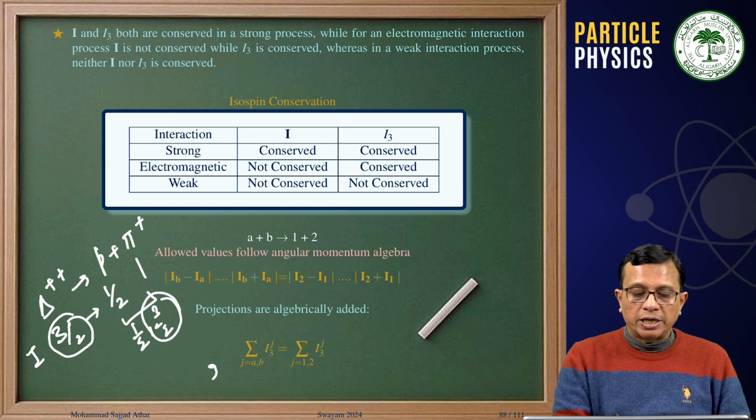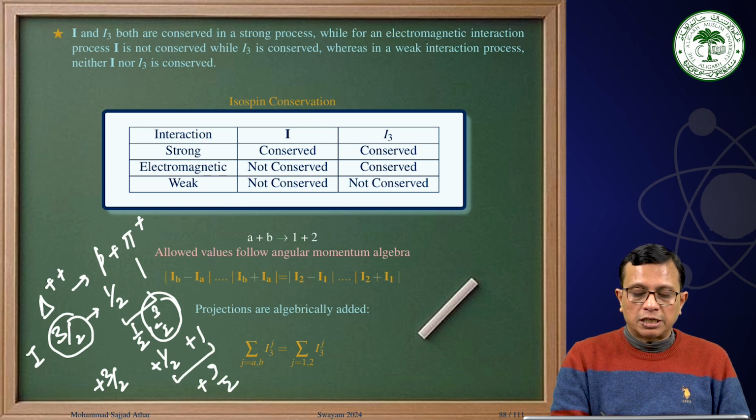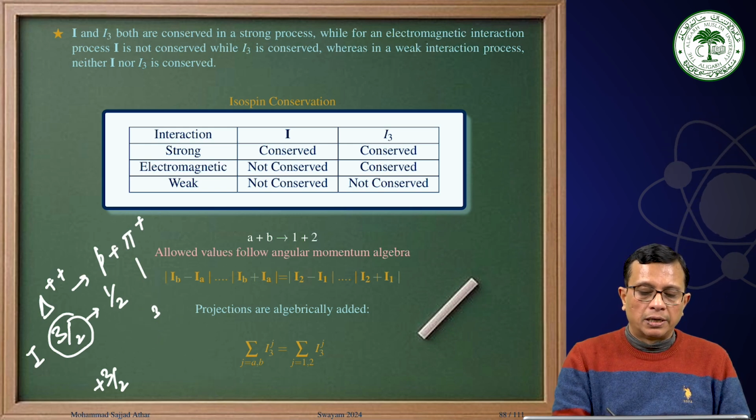Then projection, delta plus plus is the highest charge state. Therefore, this is plus 3 by 2. This is plus half for the proton and plus 1 for pi plus. These are algebraically added. Therefore, this will give me just plus 3 by 2 on the right hand side, and we have plus 3 by 2 on the left hand side. Therefore, we are conserving I as well as I3. That is why this will be a strong interaction process.